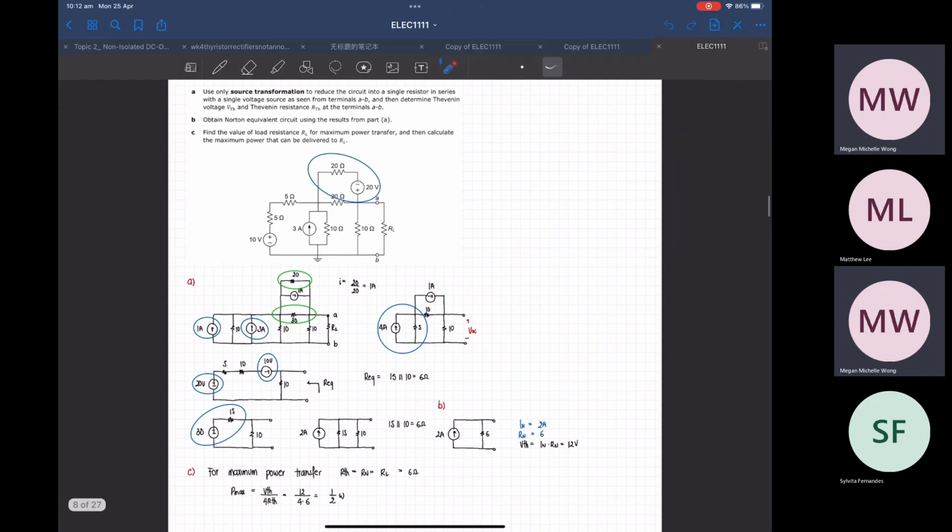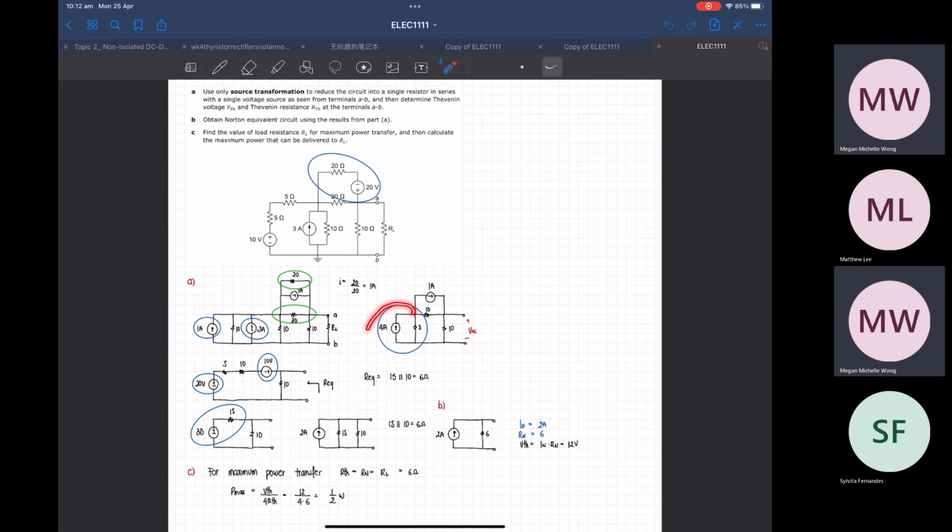You just need to find the right way to solve the question, the quickest way you can. In here, it actually already told you to use source transformation. A very obvious part is that you can source transform this one, and then you get these 2 resistances in parallel, and you add the currents and merge it into one current source, and then you just solve for this.